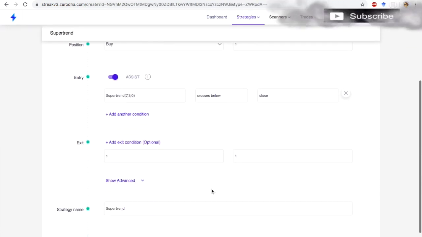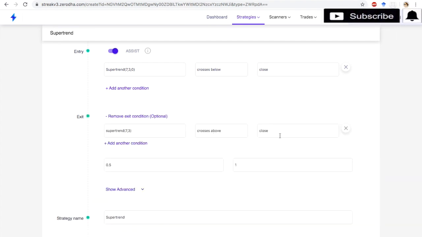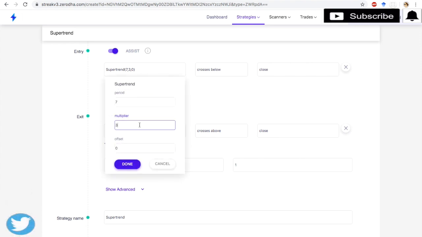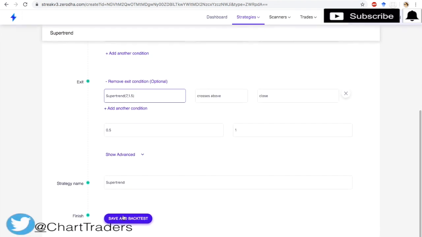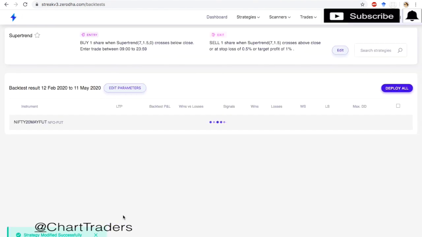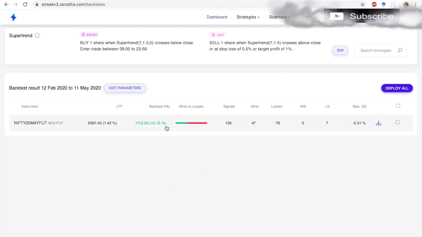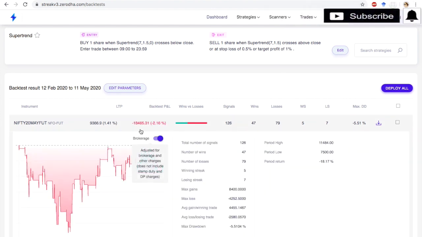So it shows some loss also, but we will keep 0.5, or we will add one more condition that Super Trend closes, and here we are going to take multiplier 0.5, not 3. So now it shows only 1000 and more signals are generated. We have 18,000 in losses.